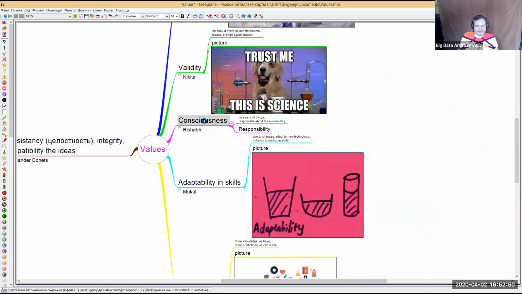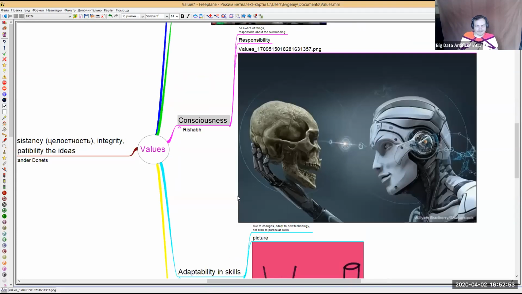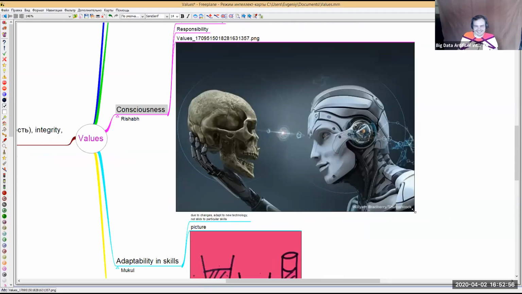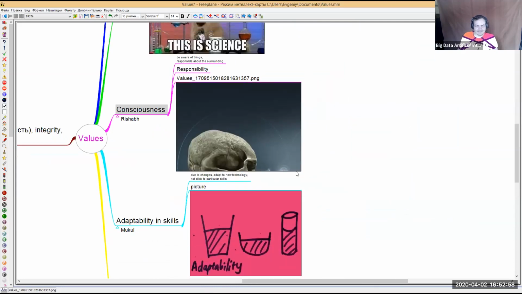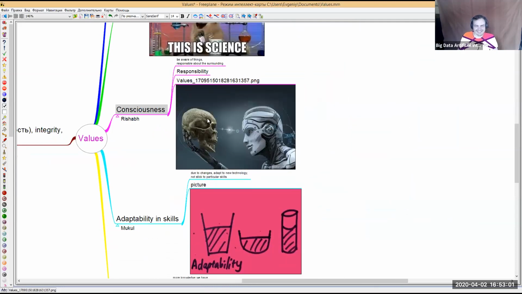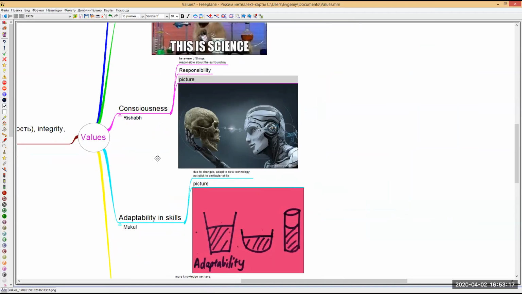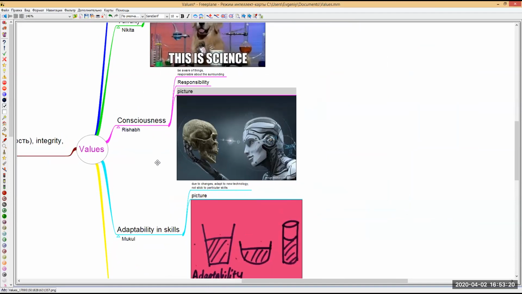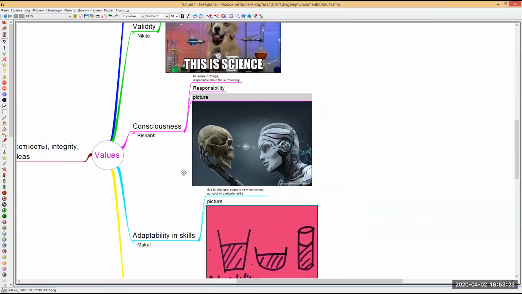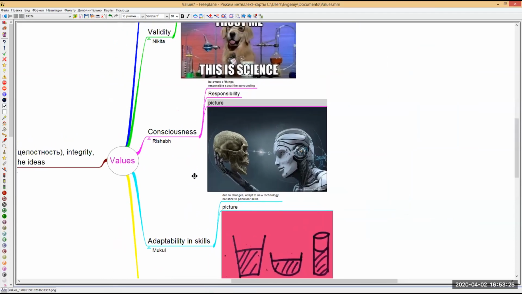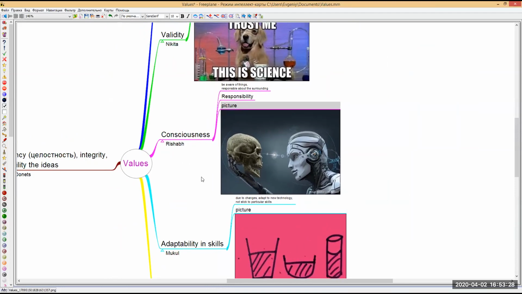Consciousness. Yeah, this is describing that consciousness intelligence is nothing without it, or if it has, it will take more time to solve any problem, if a person or a data scientist is not conscious about the problem or things that are going on around.